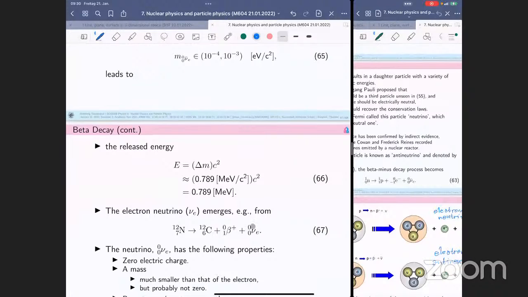Bar means anti-particle. Here, the beta plus process brings us the normal electron neutrino, not the anti-neutrino.